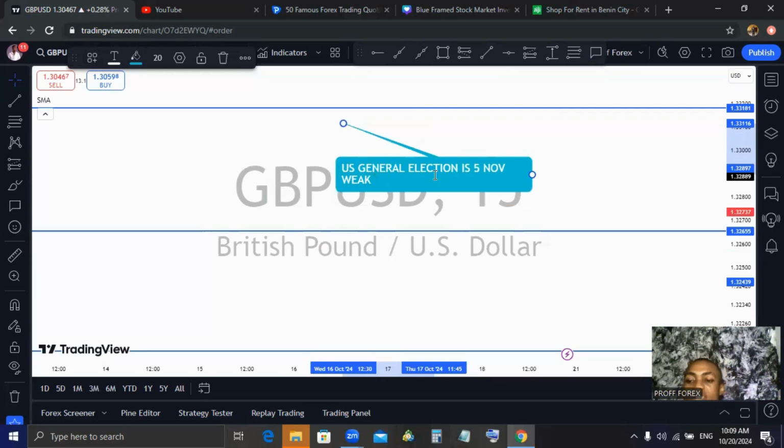So for XAUUSD, it will be buying for the week. XAUUSD will keep buying, so let's just expect more buys. For GU, it will be consolidating, but I still see the dollar stronger than the GU. So let's keep focused as we have 1 week plus ahead to the general election.